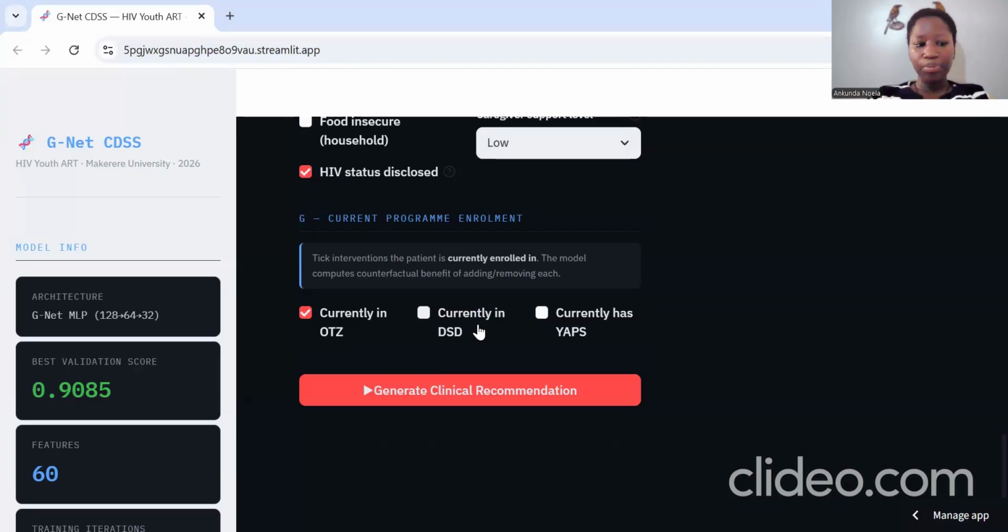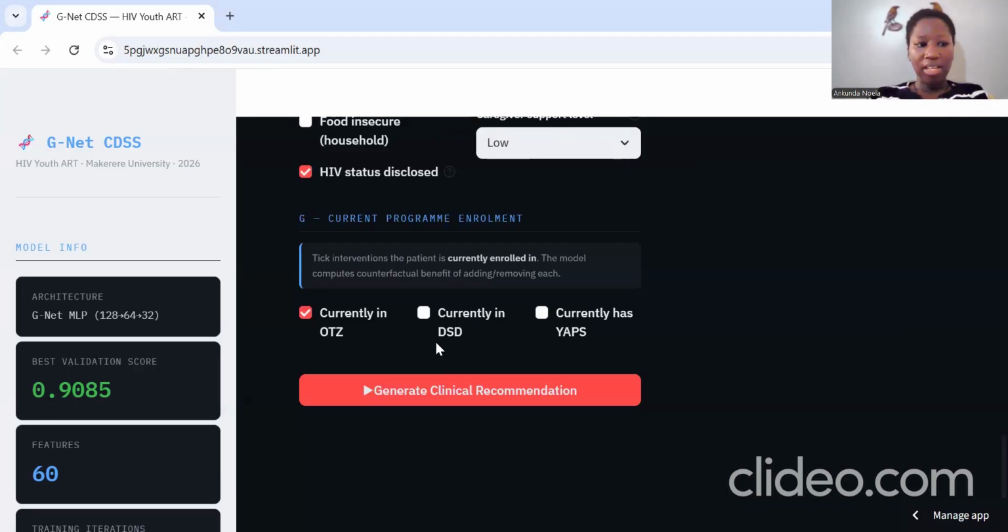Because our interventions include OTZ, that is Operation Triple Zero, and it means there are 0 missed appointments, 0 missed doses, and 0 viral load. So it generally helps people on HIV stay on treatment.